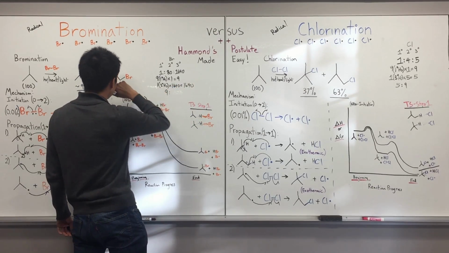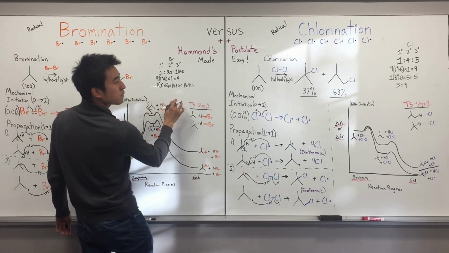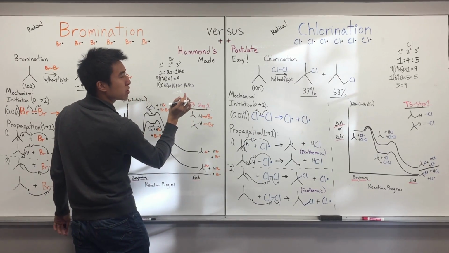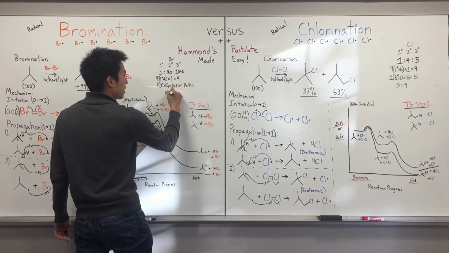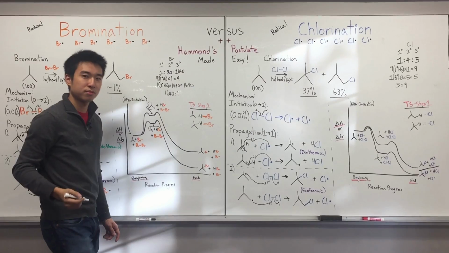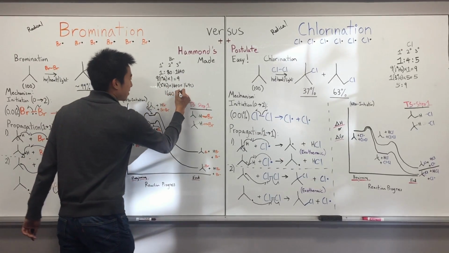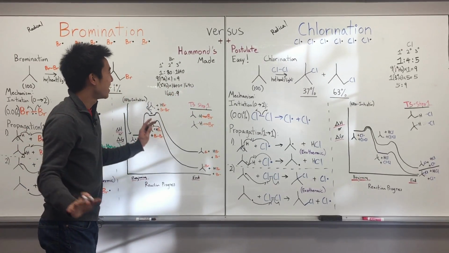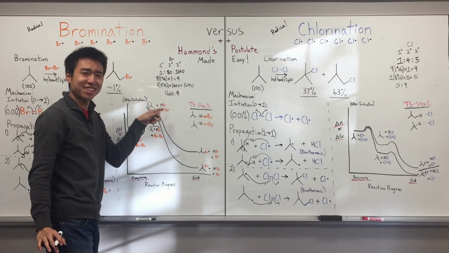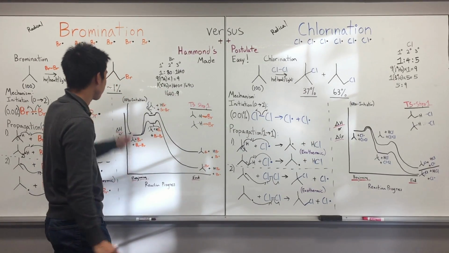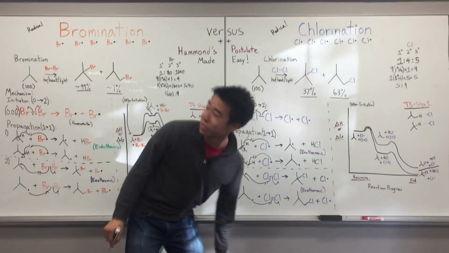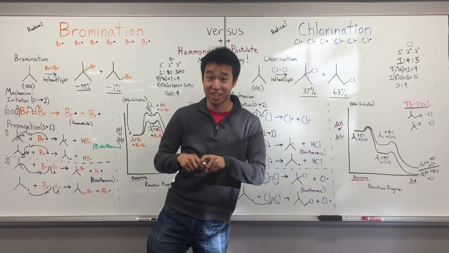And then you have a 1,640 to 9 ratio, that will give you 99% to barely 1%, okay?